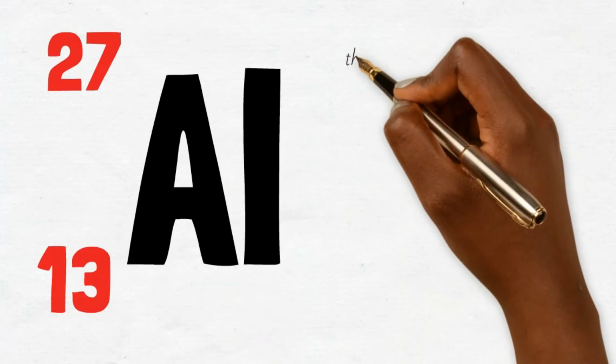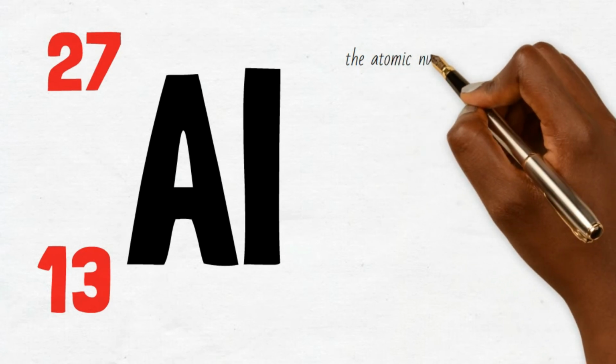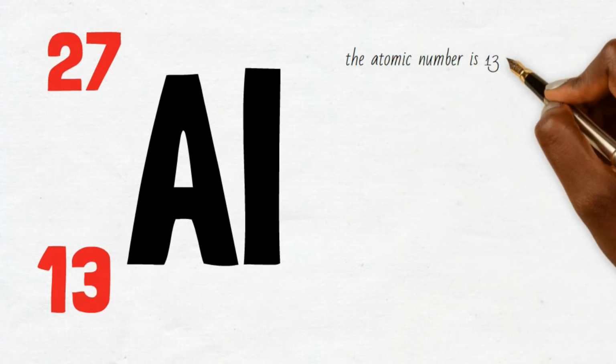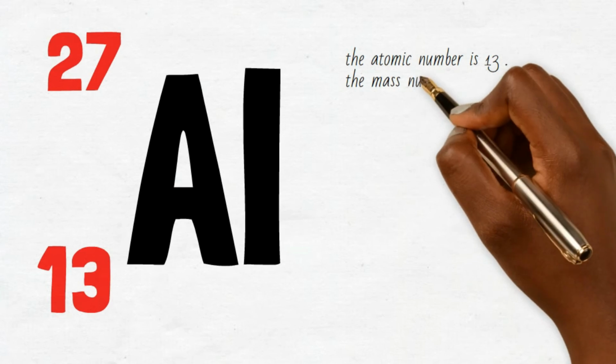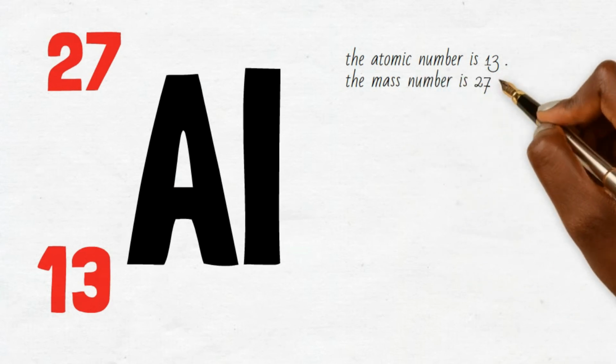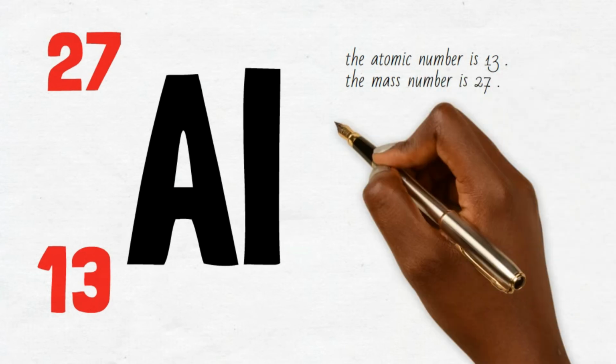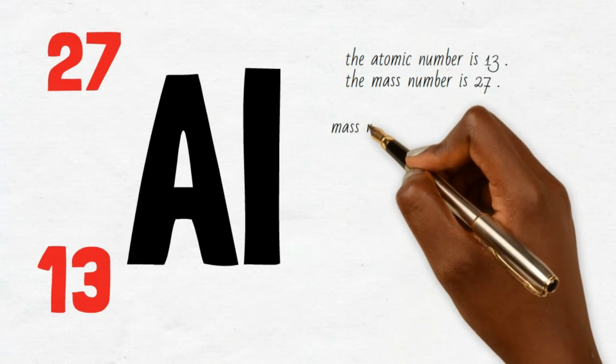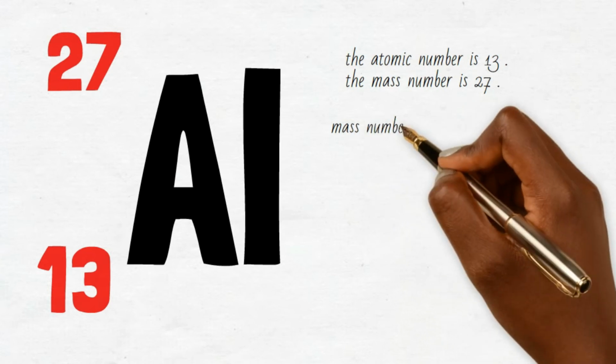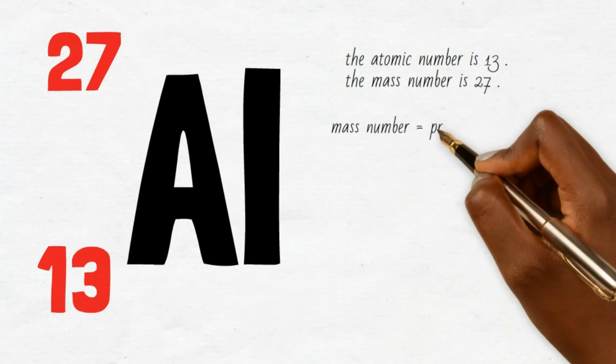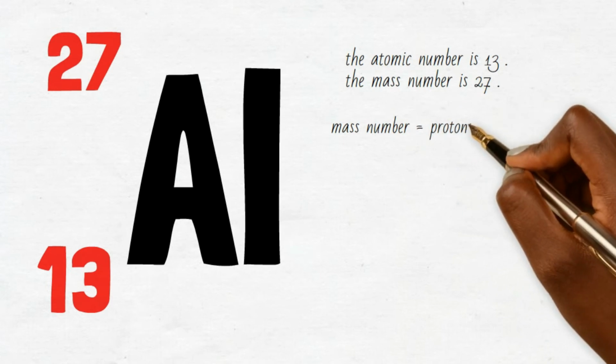What do we have? We know that the atomic number is the number of protons. We know that for a fact. So that's 13. What else do we know? We also know that the mass number, or the weight of the atom, that is the number at the top, is a combination of protons and neutrons.